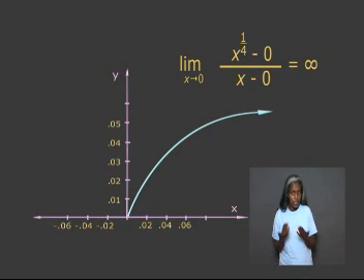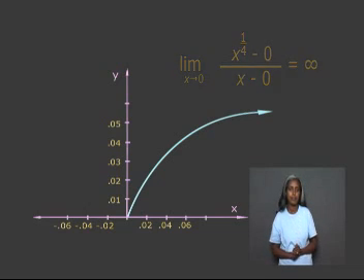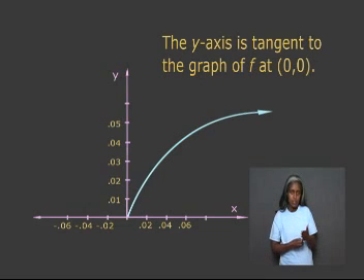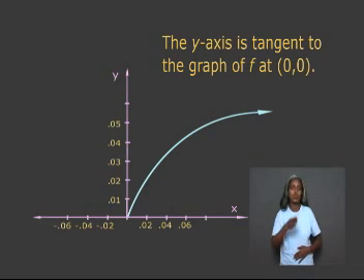However, the limit of x to the power of 1 over 4 minus 0 over x minus 0 as x approaches 0 equals infinity. As a result, the y-axis is tangent to the graph of f at 0, 0. Was that your answer? Well done, students.